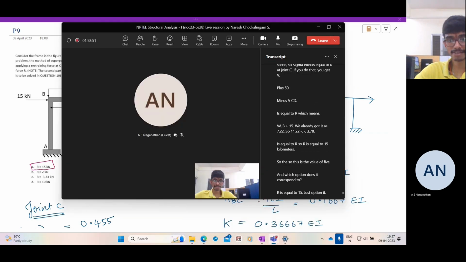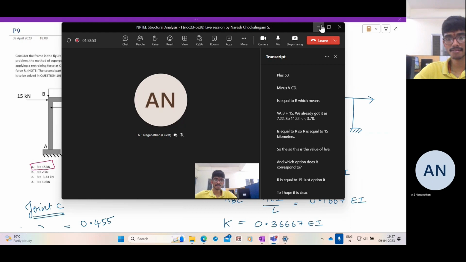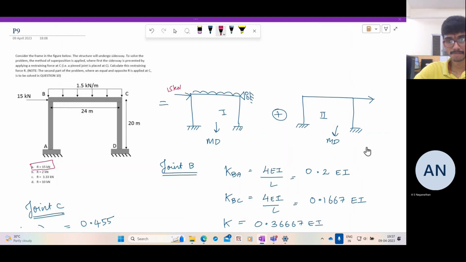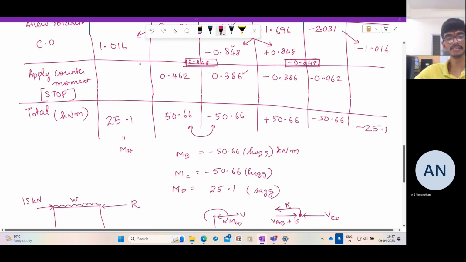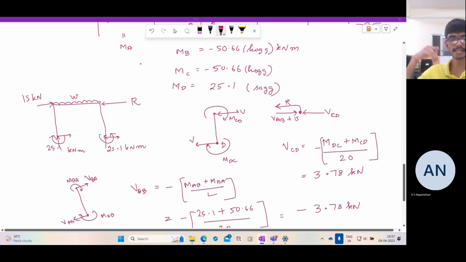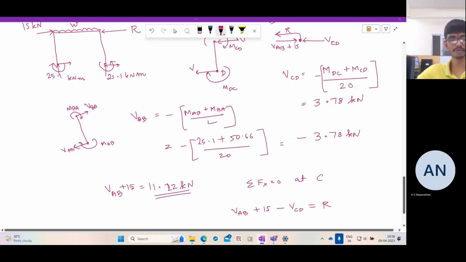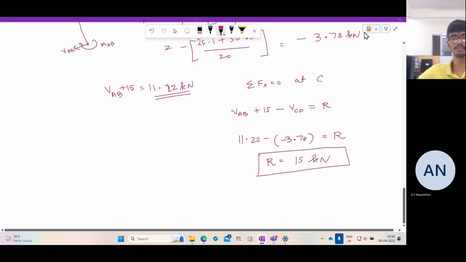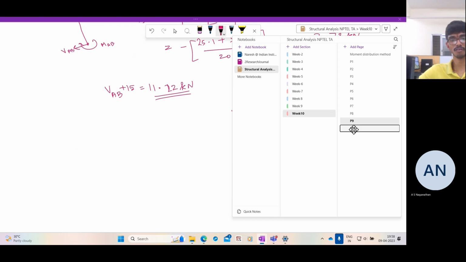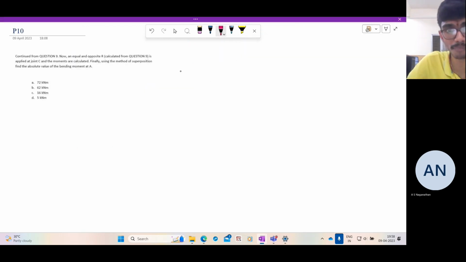So I hope it is clear. Let's go to the next part of the question. Now we have determined that if it is a non-sway frame, we need a reaction force of 15 kilonewtons from the other side to stop it from swaying. But it is a sway frame. That is the thing. So let us consider problem 2. What was problem 2?